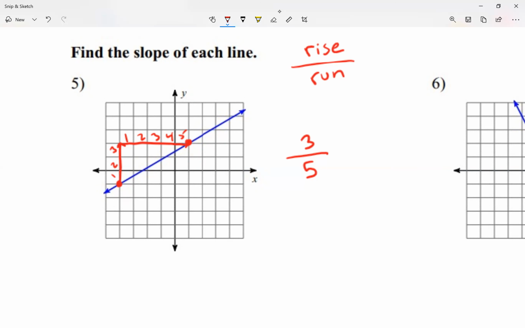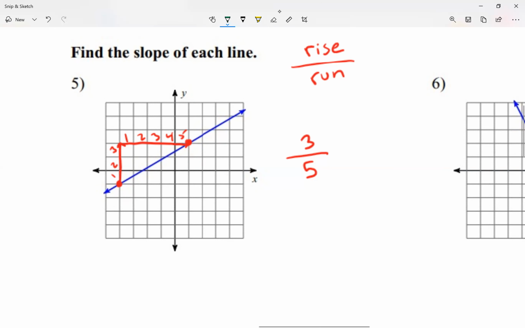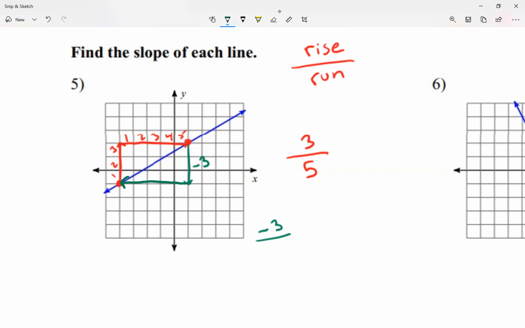Now, some of you might be like, what if I wanted to start from the other point? Okay, not from the one on the far left, but on the one on the far right. In this case, you would have gone down 3. So as a matter of fact, let me even say a -3 because you go down. All right, so -3 over, and then you have to travel to the left 5 spaces.